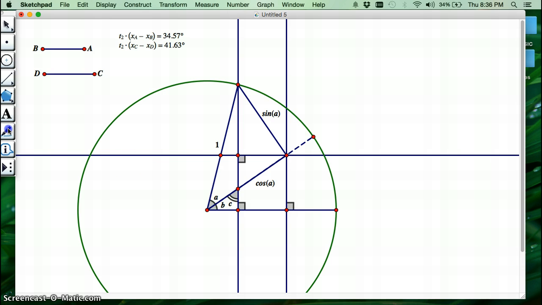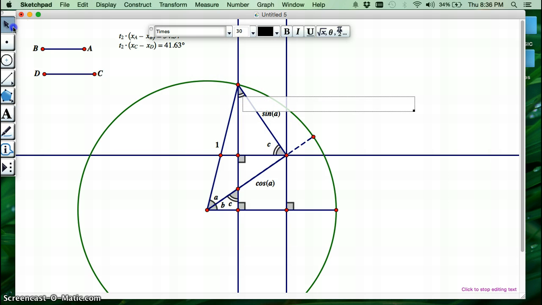Oh. And then we have C here again, one last time. And this angle is beta. Not like that.